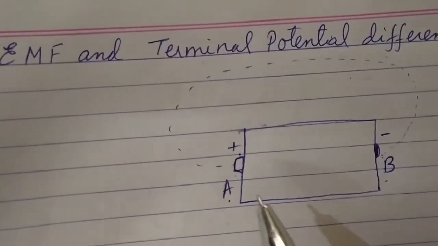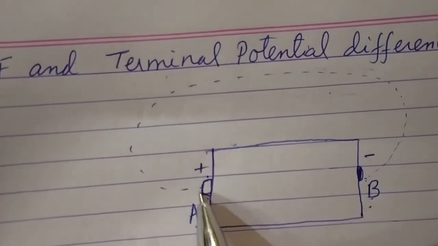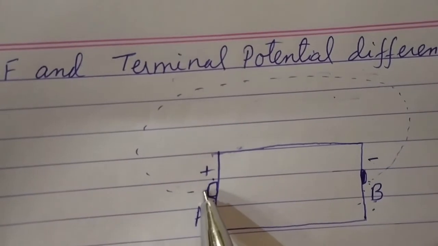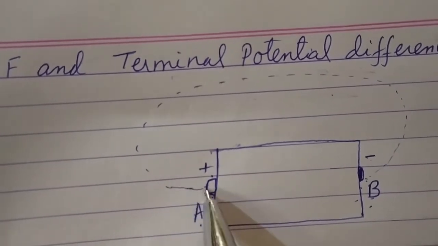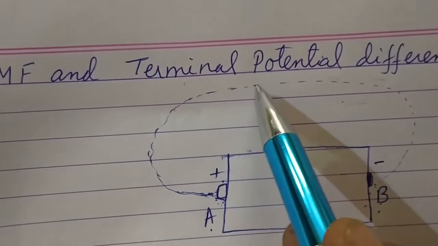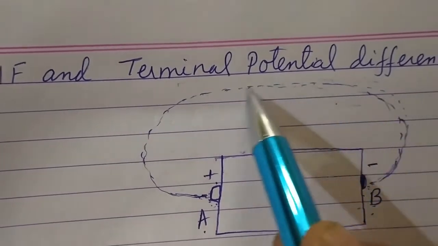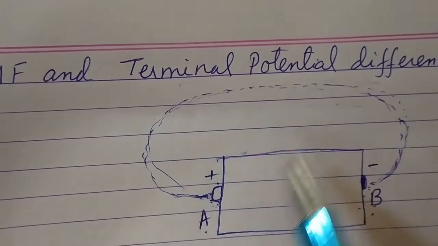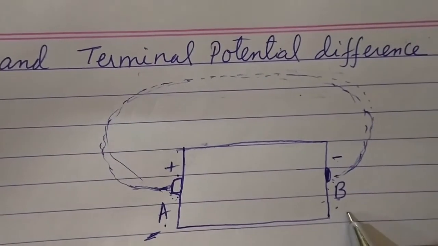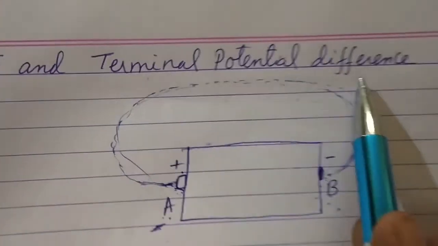Now come to the cell. In the cell, one terminal is positive, another terminal is negative. So the amount of work done to move a unit charge from A to B, from one terminal to another terminal, is known as the terminal potential difference.